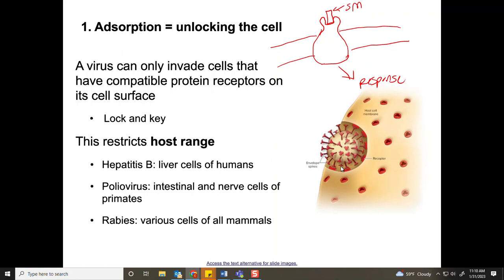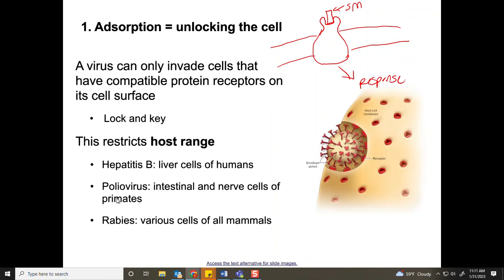So, for example, hepatitis B infects the liver cells of humans. It doesn't infect our brain cells. It doesn't infect our immune system cells or our muscle cells. It's specific to liver cells because liver cells have a receptor site that other cell types don't, that this virus can interact with.